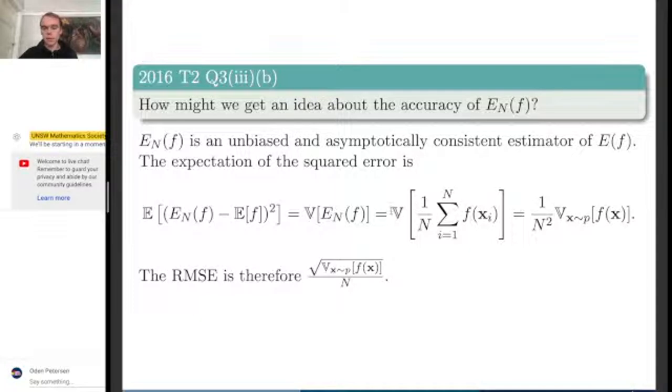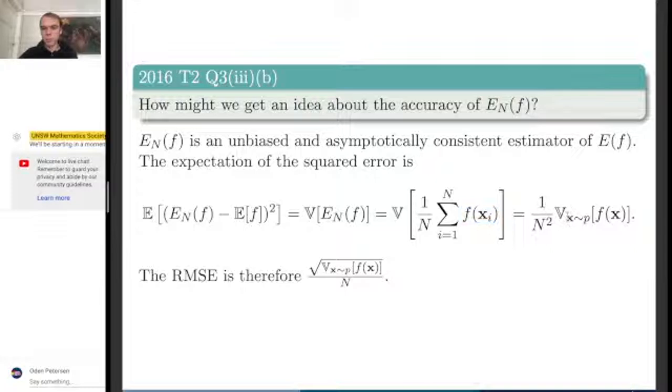Because of theorems from basic statistics, the way the variance operator behaves is we can take this factor of 1 over n out as 1 over n squared. And because these xi all come from the same distribution, all of these f's will also come from the same distribution.